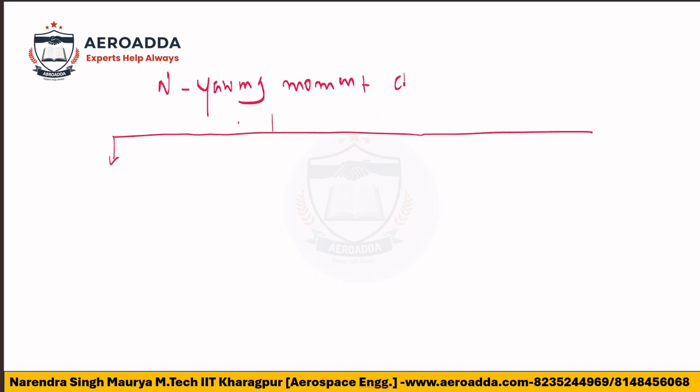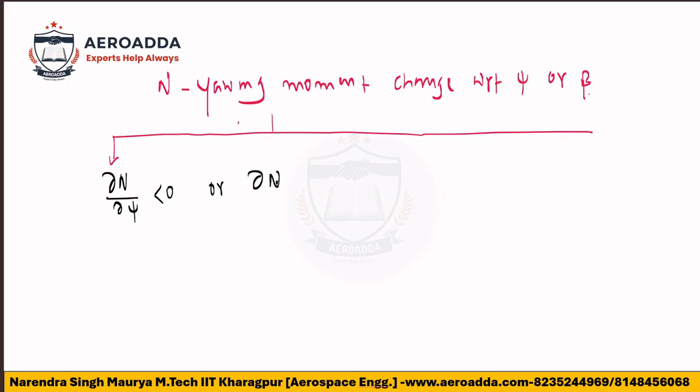Yawing moment change with respect to psi or beta. If you have ∂N/∂ψ less than 0, then in terms of beta it will be just the opposite, because psi and beta are of opposite sign.